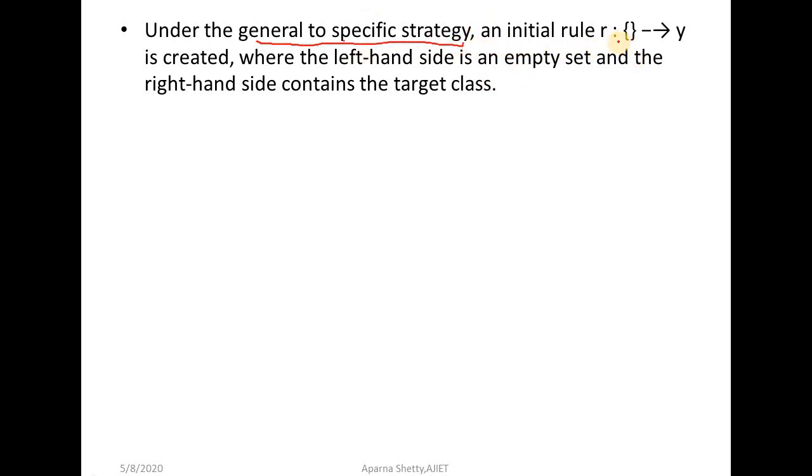An initial rule is of this form: default class belongs to y, where the left hand side is an empty set and the right hand side contains the target class. So initially you will add a rule of this type: empty set implies y. The left hand side is empty set and the right hand side contains the target class.